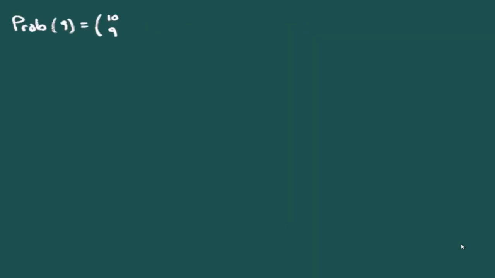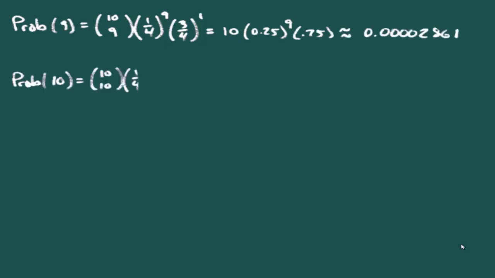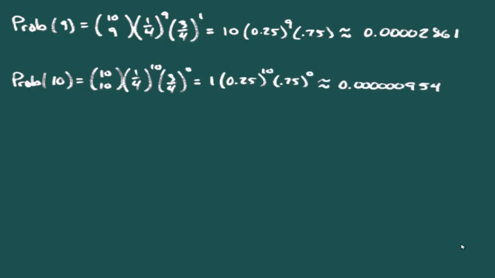Then if we do the same thing for the probability of getting 9 questions correct, we have 10 choose 9 times 1/4 to the 9th power times 3/4 to the 1st power. Plugging that into the calculator gives us 0.00002861.